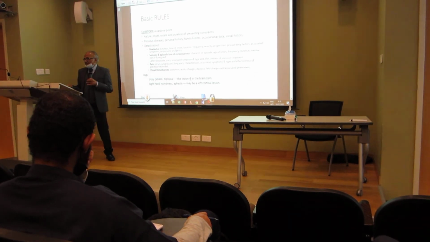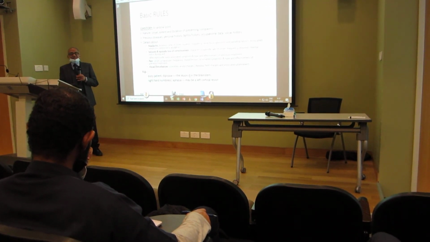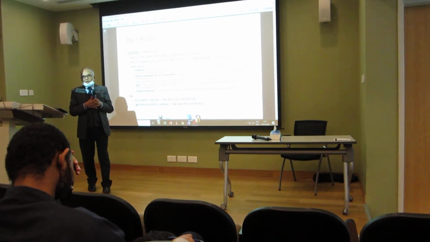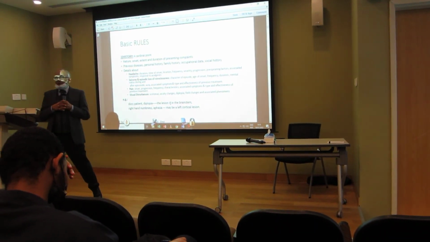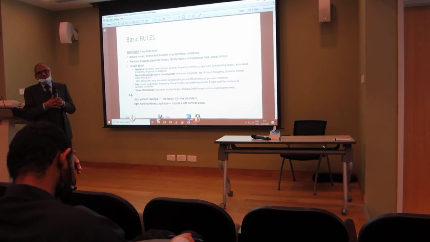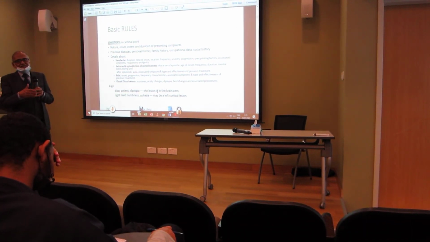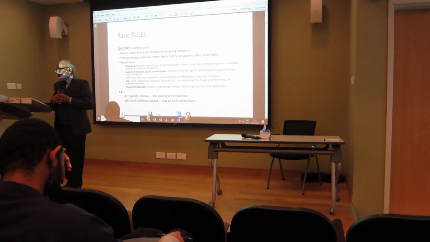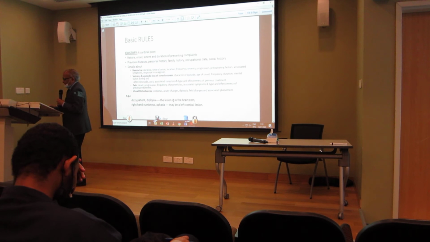So we will see that. So basically what we mean, the first step is the proper history. Proper history will include at least the start, the nature, the extent, plus at least these 4 symptoms in detail.